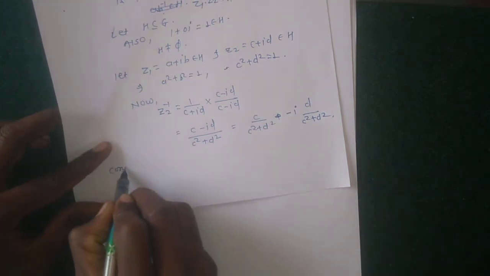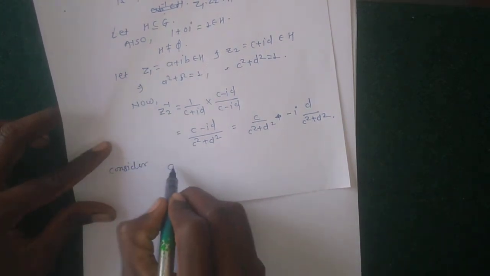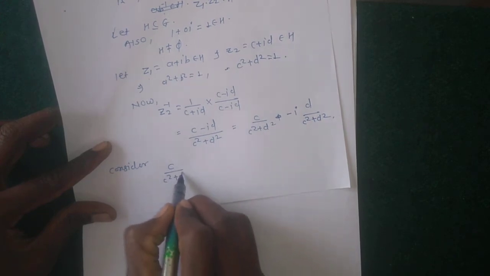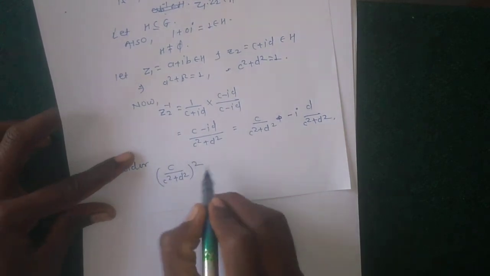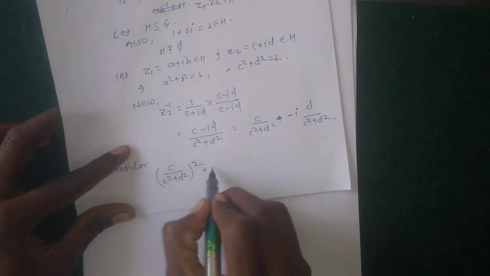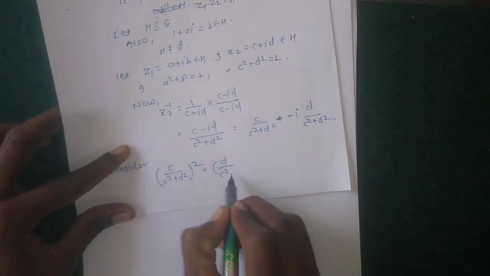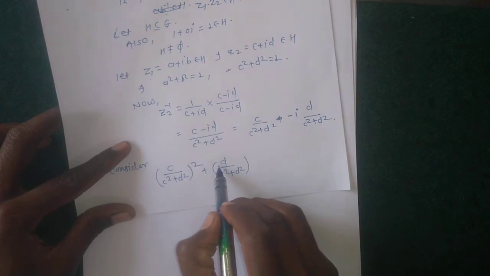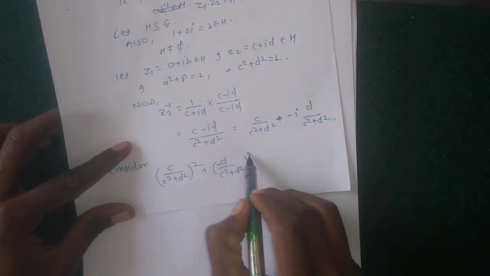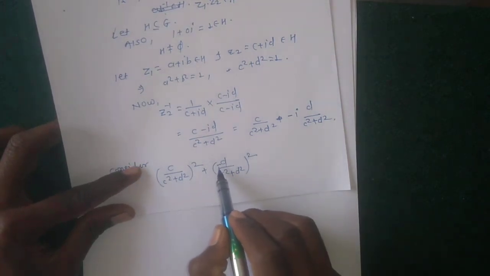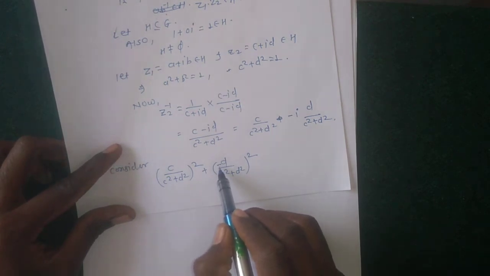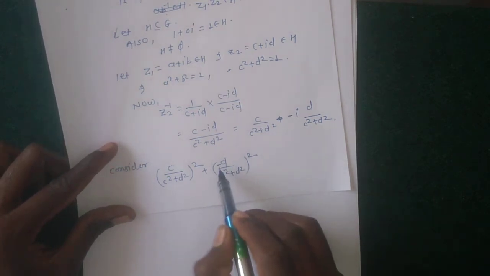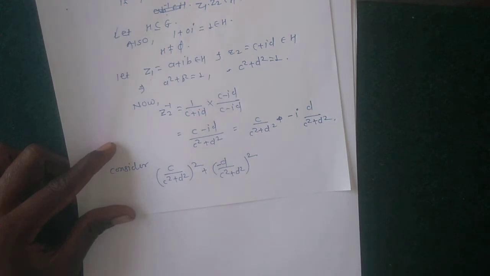Here consider c divided by c square plus d square, in brackets squared, plus d divided by c square plus d square squared. Here the minus sign gives minus d square, but the square of a negative is positive.